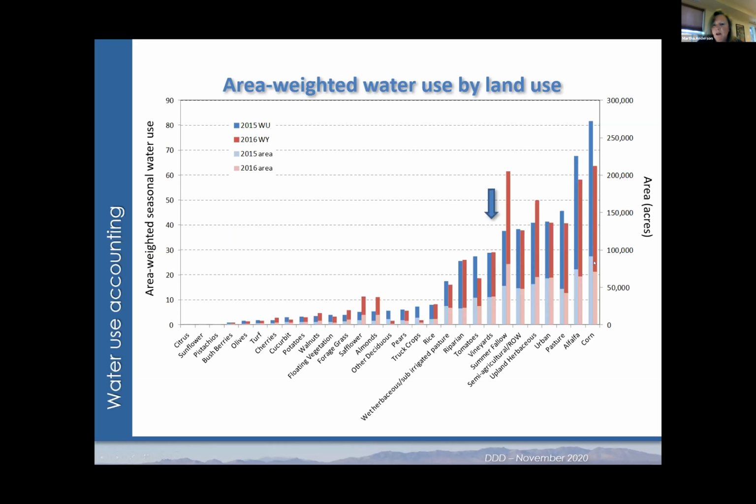We also see some response of human behavior and grower response to the developing drought, with a shift away from high water use crops from 2015 to 2016, from the alfalfa and the corn crops, and a big increase in summer fallow. So just using this diagnostic water use information along with some land cover information, we can deduce a lot about grower response to changing conditions.